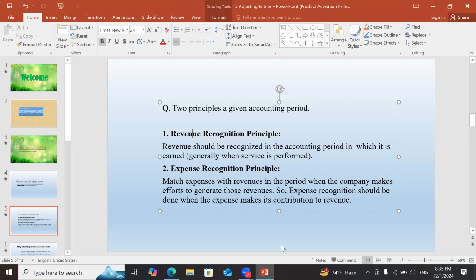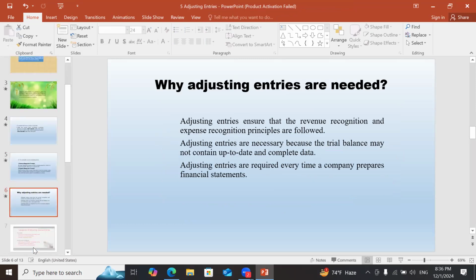When it is earned, you just recognize it as earned for our organization. And expense is also the same. Match expense with revenue in the period when the company makes the effort to generate that revenue. So expense should be recognized when the expense is made. So in adjusting entries, there are two principles: revenue recognition principle and expense recognition principle.